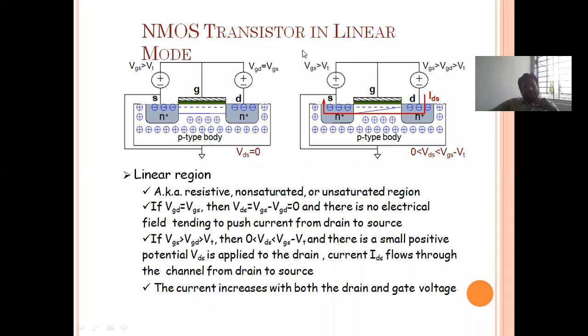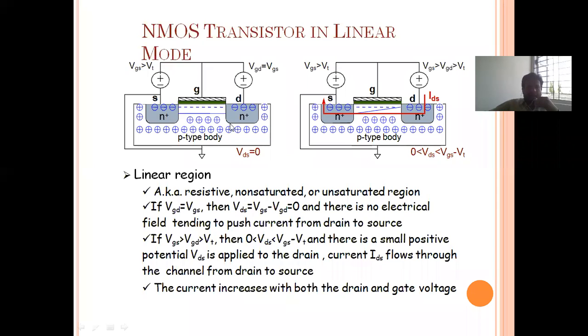Now in the linear modes, we get two regions, the saturation and non-saturation. Here we will understand the linear, non-saturation region. When VGD is equal to VGS and VDS is equal to 0, there is no electric field tending to push current from drain to source.